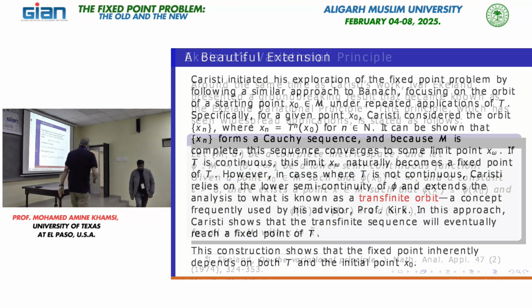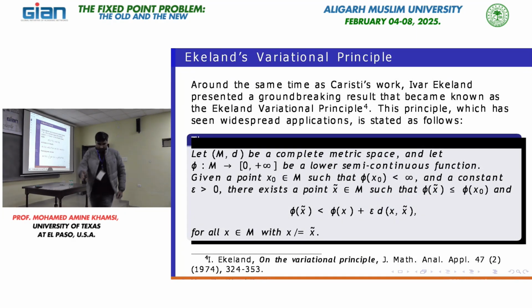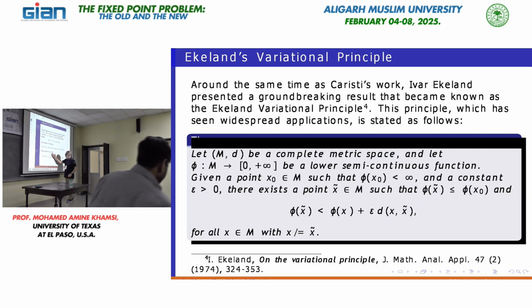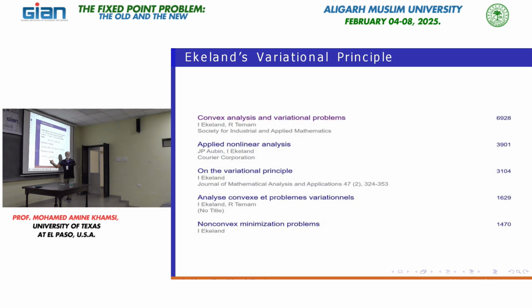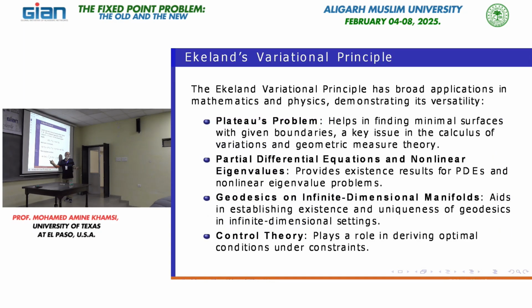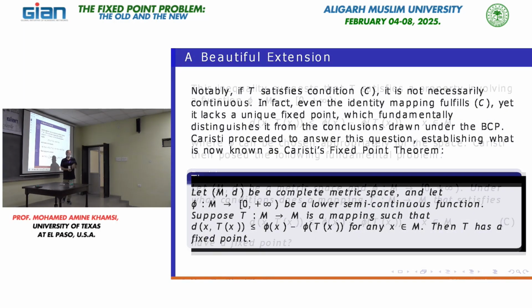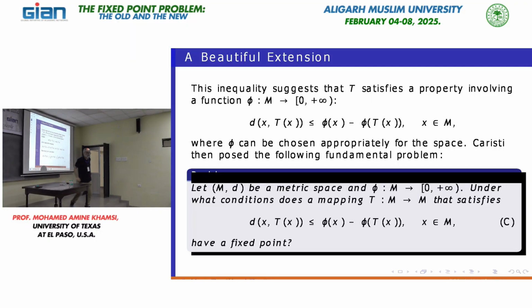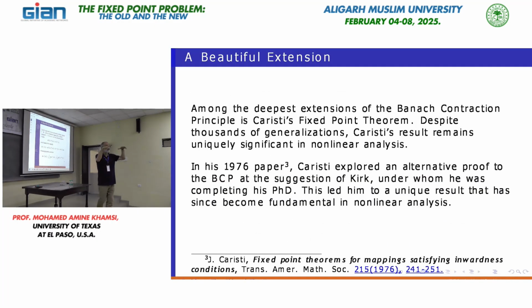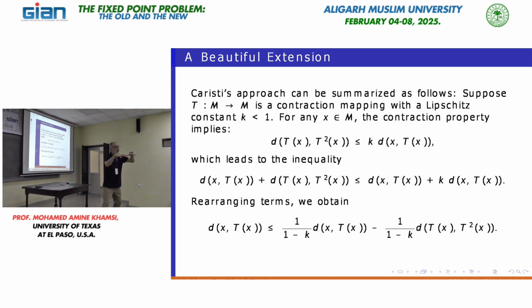Therefore, this function is what? What can you tell me about this function? Because this is phi of x. Very important. What can you tell me about this function? Positive. Yes or no? So if the function is positive, which is the energy, and you are lowering the level of energy, what happens if you keep doing it?